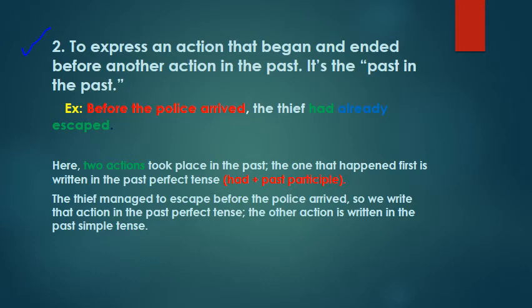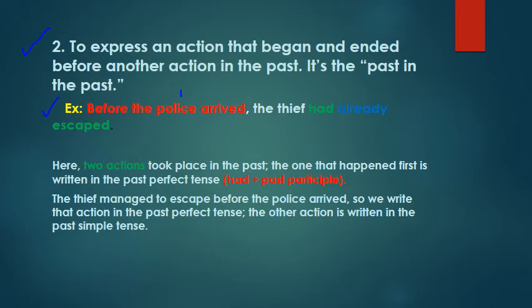Now, in the second use, 2 actions. One of them happened before the other. The action that happened before the other needs to be written in the past perfect tense. For example, before the police arrived, the thief had already escaped. Notice, 2 actions.